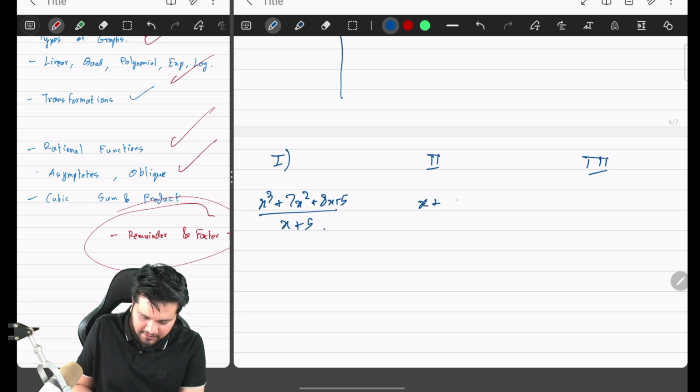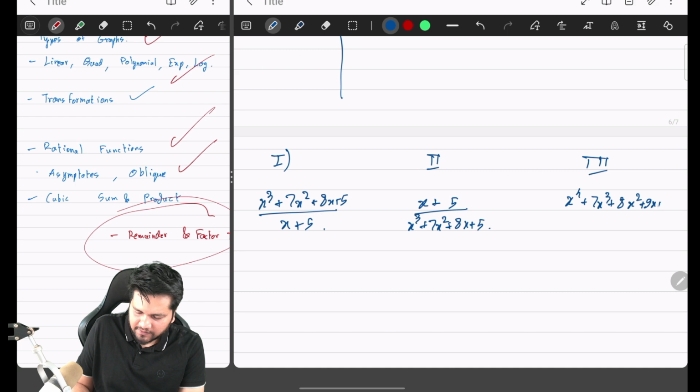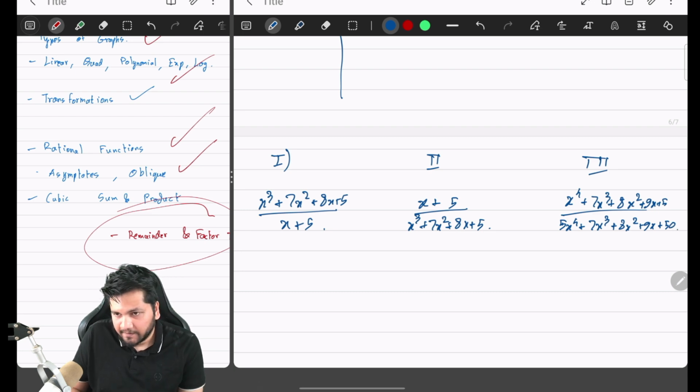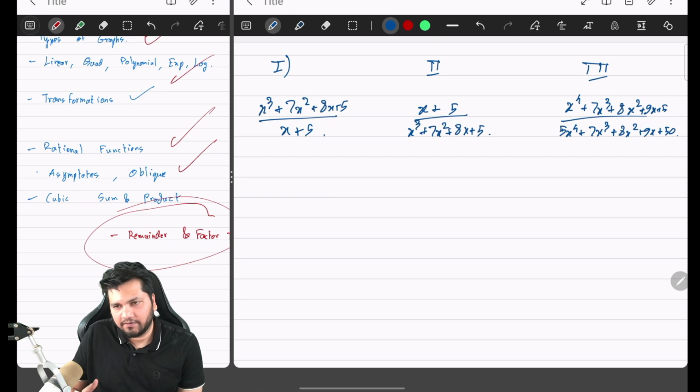The other one I'll consider as x plus 5 upon x cube plus 7x square plus 8x plus 5. Then I'm going to consider x to the power of 4 plus 7x cube plus 8x square plus 9x plus 5 upon 5x to the power of 4 plus 7x cube plus 8x square plus 9x plus 50. Whatever, doesn't matter. First 3 cases we will understand, then we are going to talk about the 4th case.